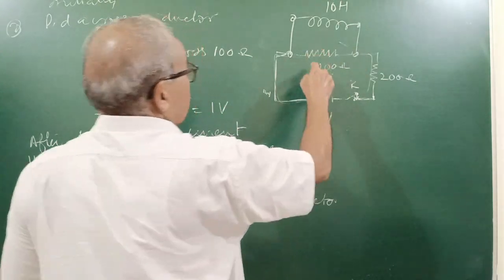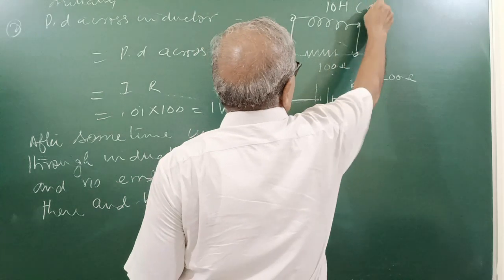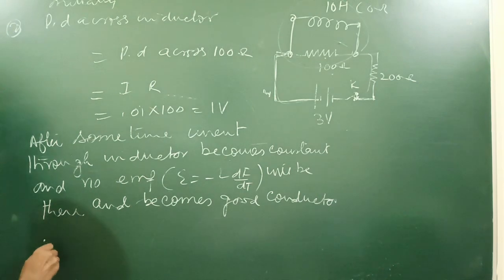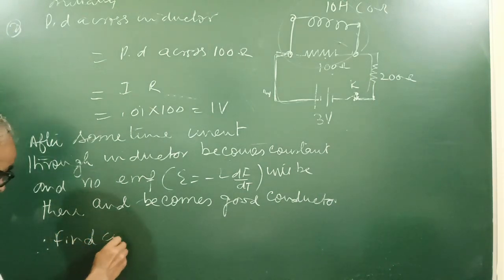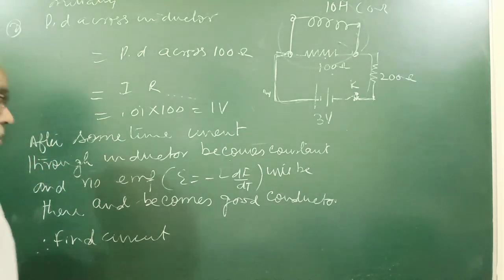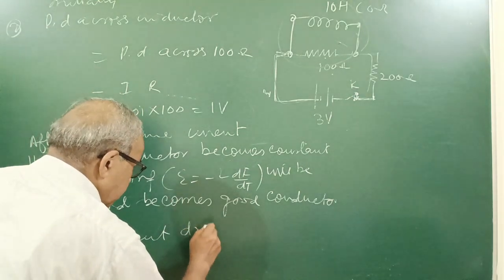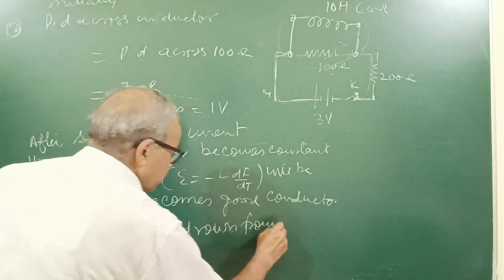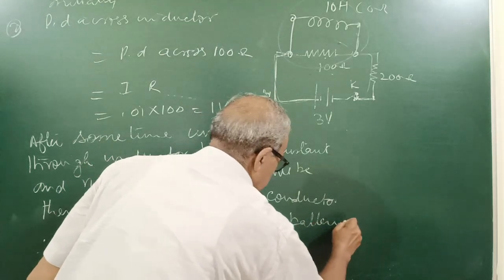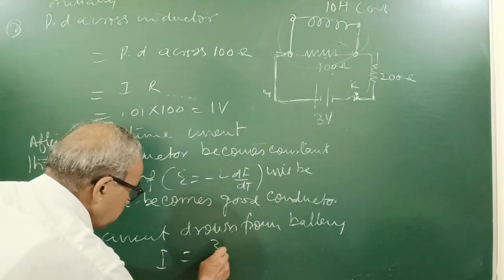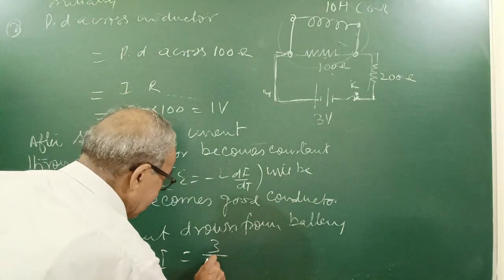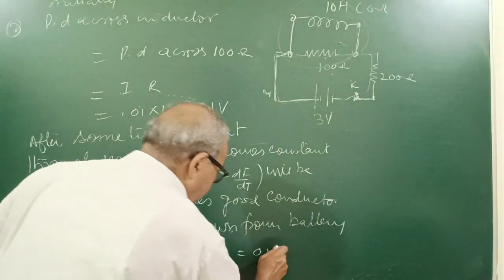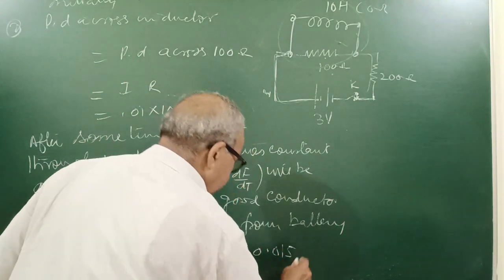So this parallel combination has zero resistance, right? And hence the final current drawn from the battery, I equal to 3 upon 200, that is 0.015 ampere.